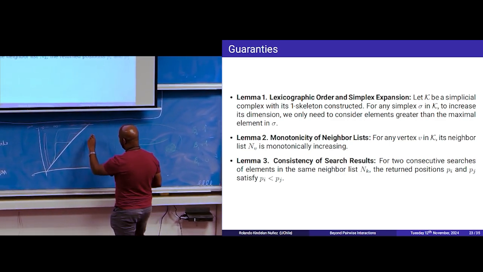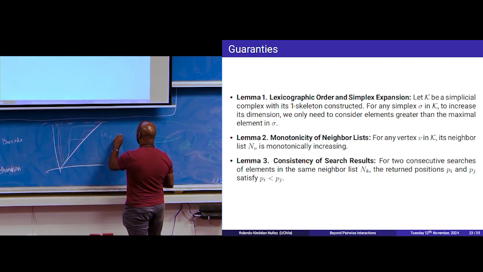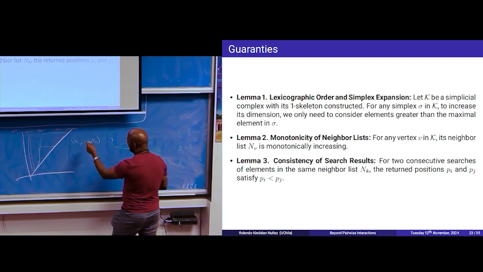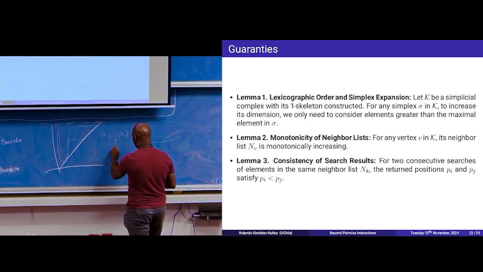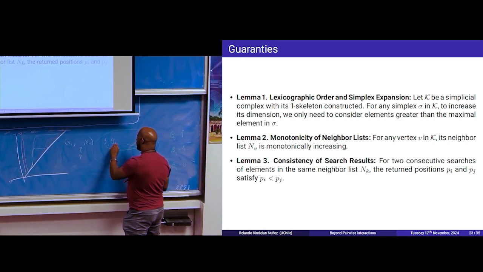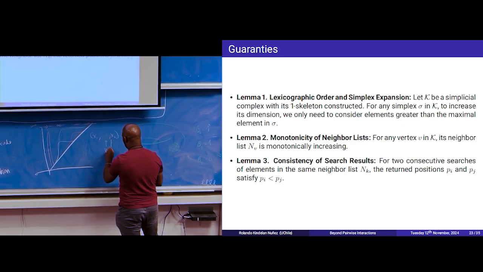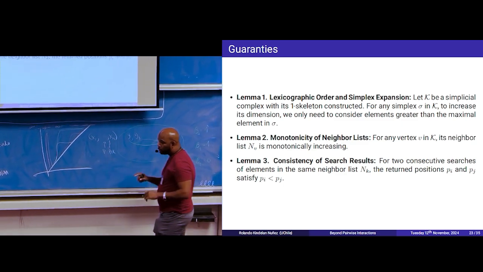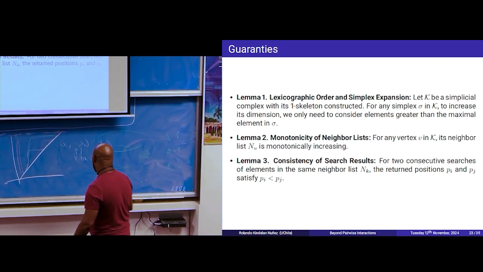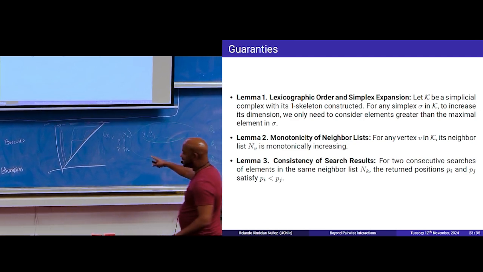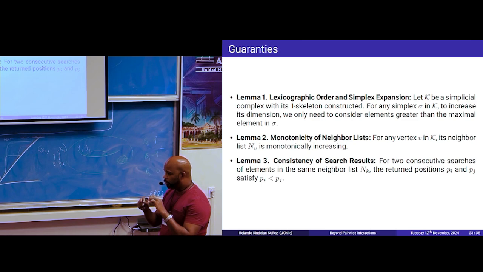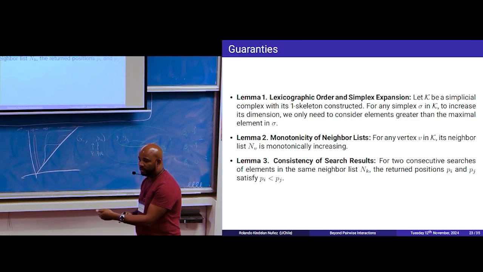So if we have a list of elements and we try to find in that list the element y, and y is located in position P, we know that the second element that we try to find, z, will appear in a position P plus K. The position will always increase, because everything is sorted ascendingly. And that is a very good property because this allows us to skip elements that we know we don't need to check.